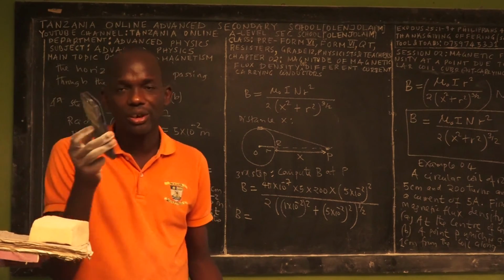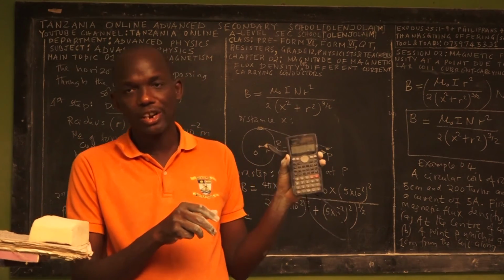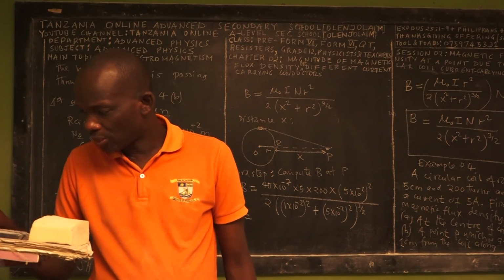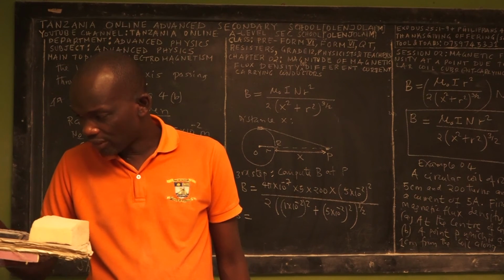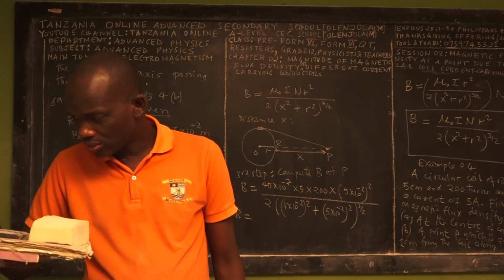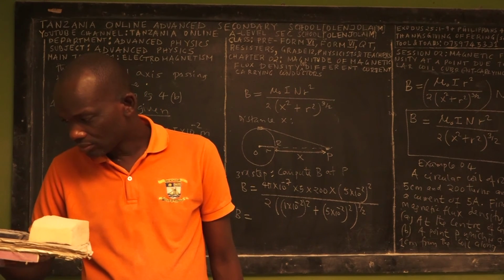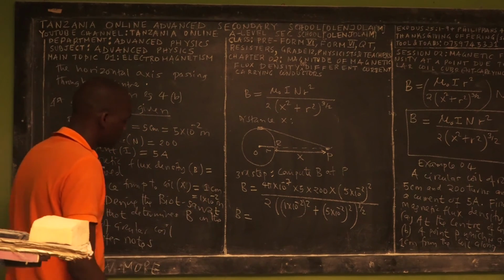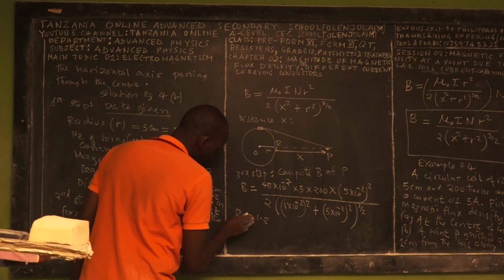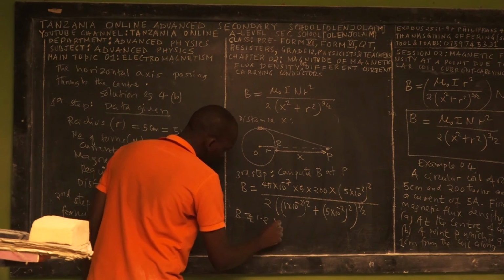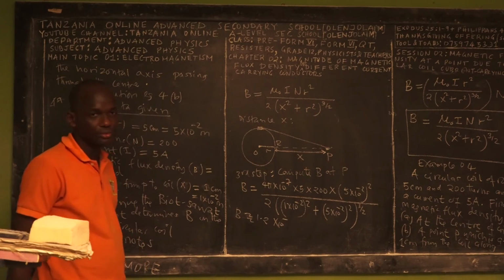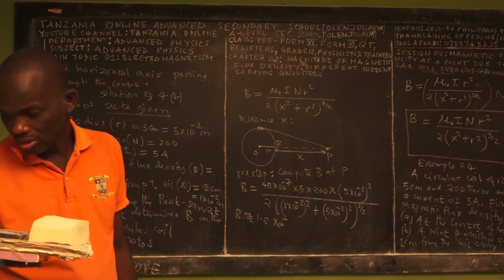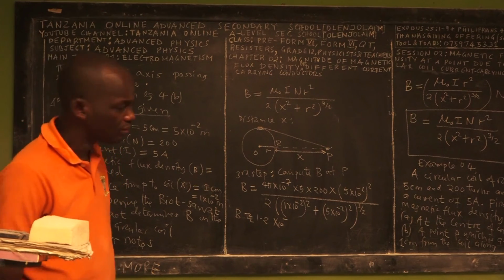If you use your scientific calculator, and you miss one of them, you may order it in our online school. Then finally, if you do your computation, you'll find that the magnetic flux density is approximately 1.2 times 10 to the negative 2 Tesla.